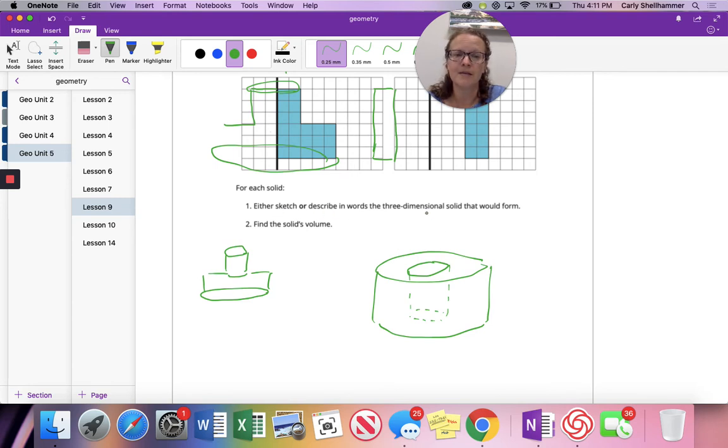Sketch or describe. It's a cylinder with a hole in it. I'd call it a pipe. And here I've got a funny shape. Let's do this one again. That's a pretty bad one.